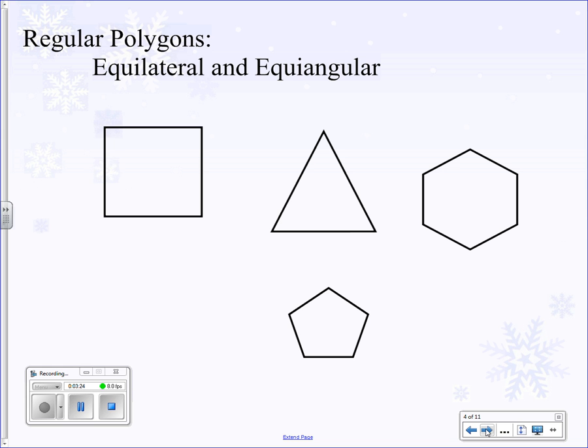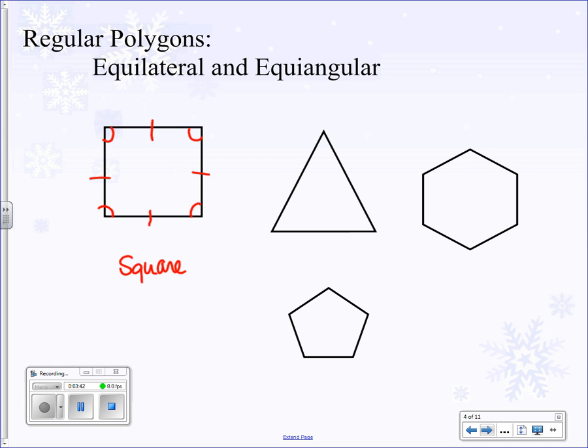Remember that regular polygons mean that they are equilateral and equiangular, meaning that all of the angles are congruent in a polygon as well as all of the sides. So this equilateral quadrilateral has another name called a square.